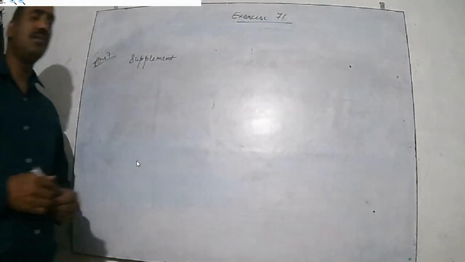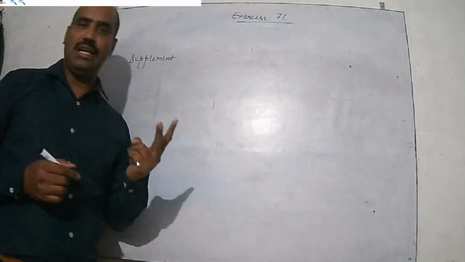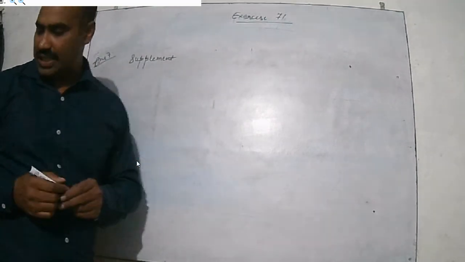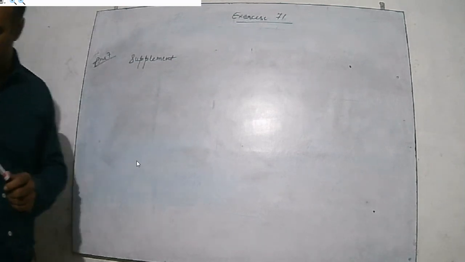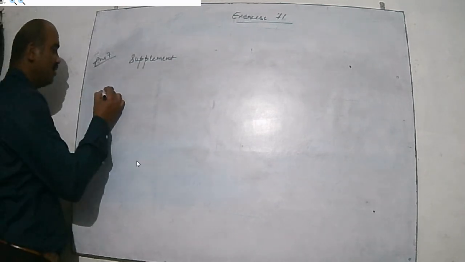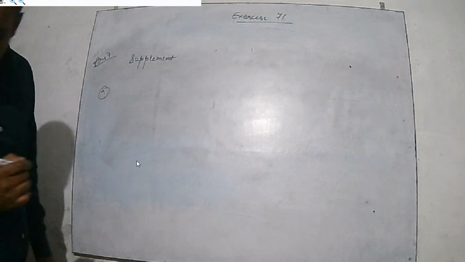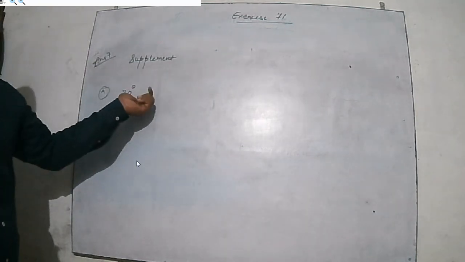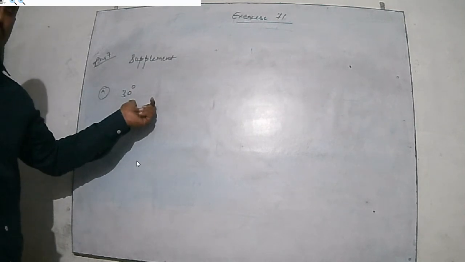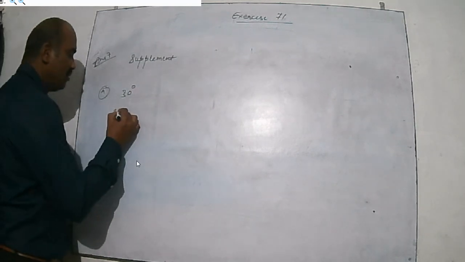Hope that you understand that. In supplement we know that the sum of two angles is 180. So the question here is, you have to find the supplement of the given angles. The first one is A part, it is 30 degrees. You have to find the supplement of this one. So what you have to do? Same thing here.